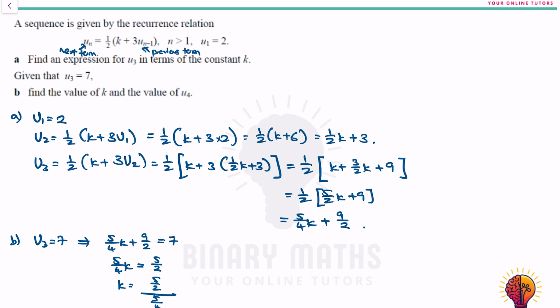So un can be written as half times 2 plus 3 times the previous term.